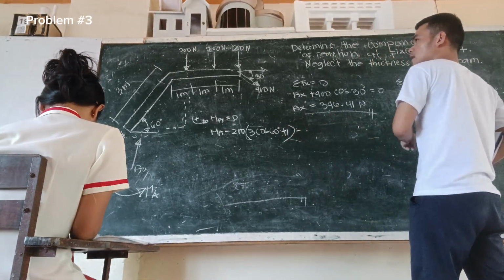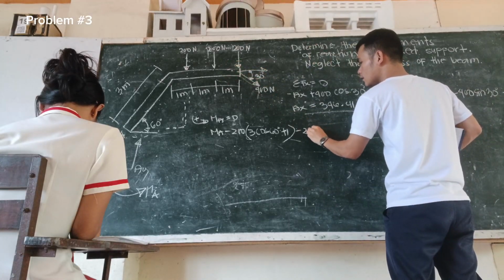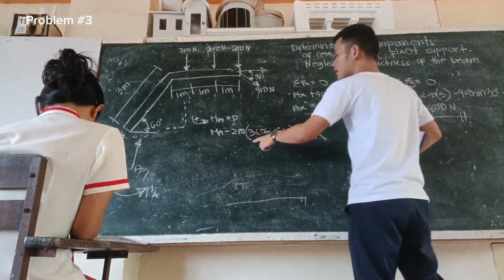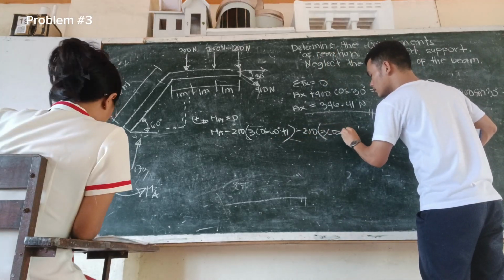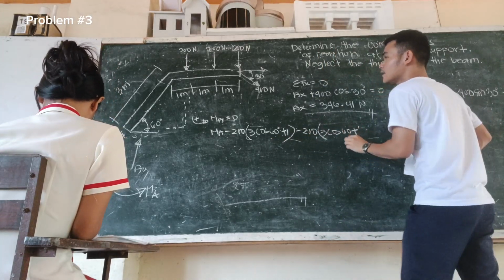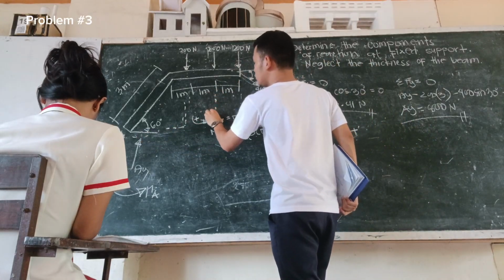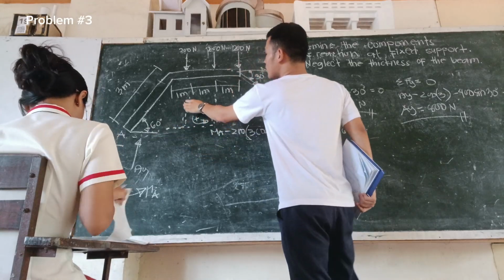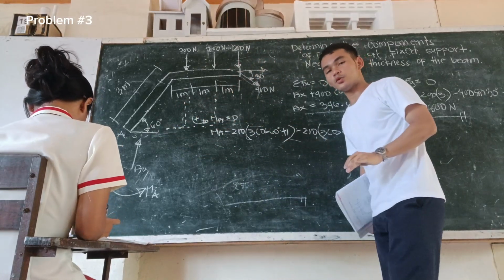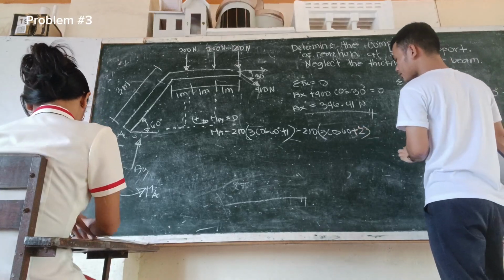Next is the second magnitude of 200. So minus 200 times 3 cos 60 plus the distance from point A to the second magnitude, which is 1 plus 1 is equal to 2. So plus 2.